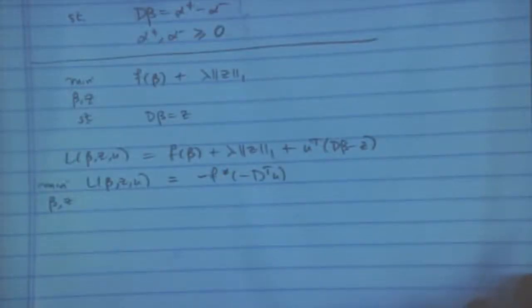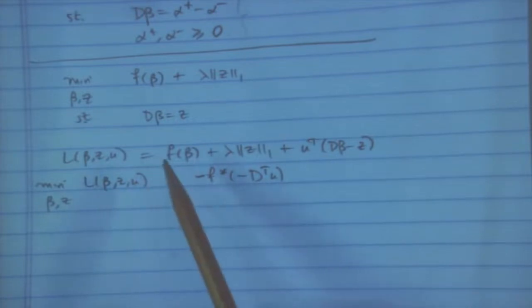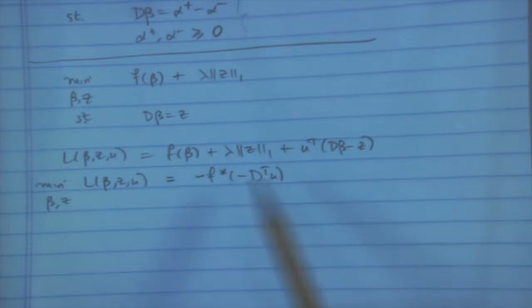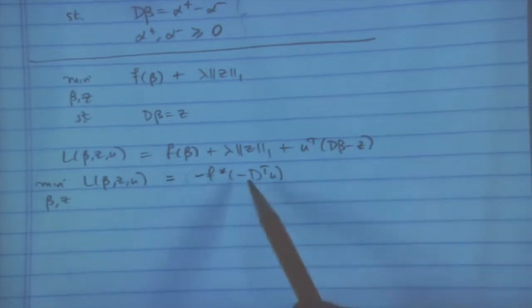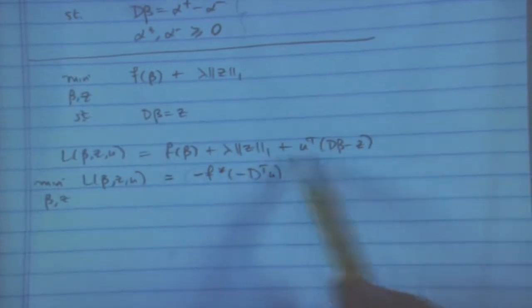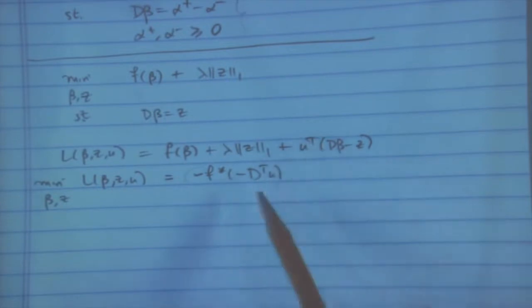Because the conjugate is the maximum of a linear function minus the function, but here we're doing a minimum of our function minus the linear function. That's why this minus appears on the outside. And why it appears on the inside is that actually we have plus D transpose u transpose beta.